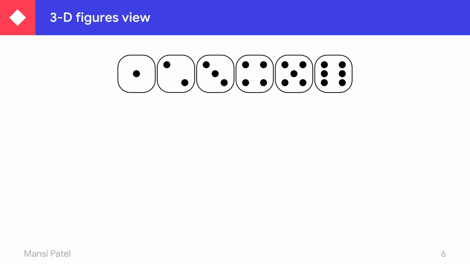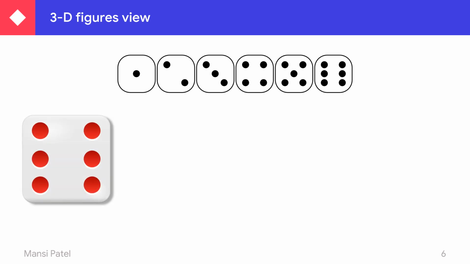In this image, you can see all the faces of a dice. But in this figure, you can see only one face of that dice. At the same time, you can't see the other five faces.